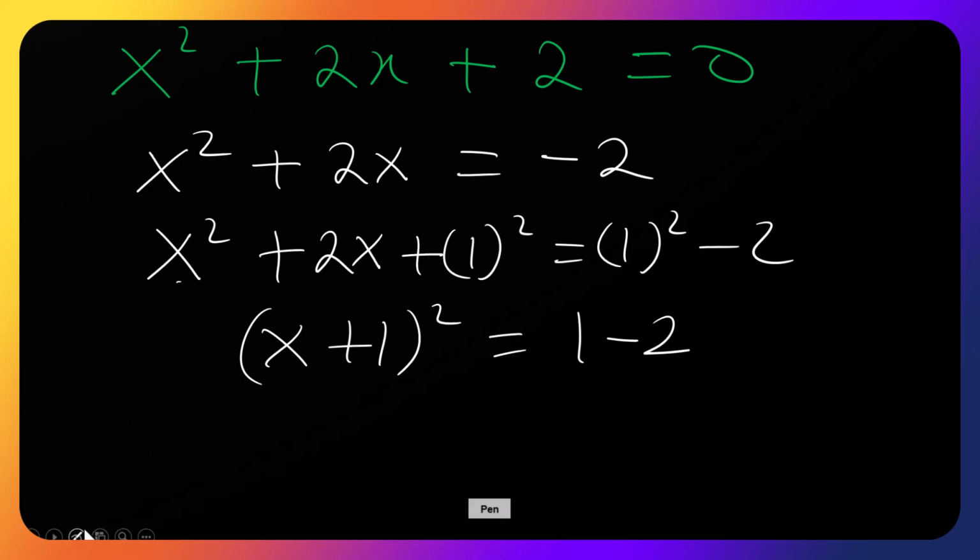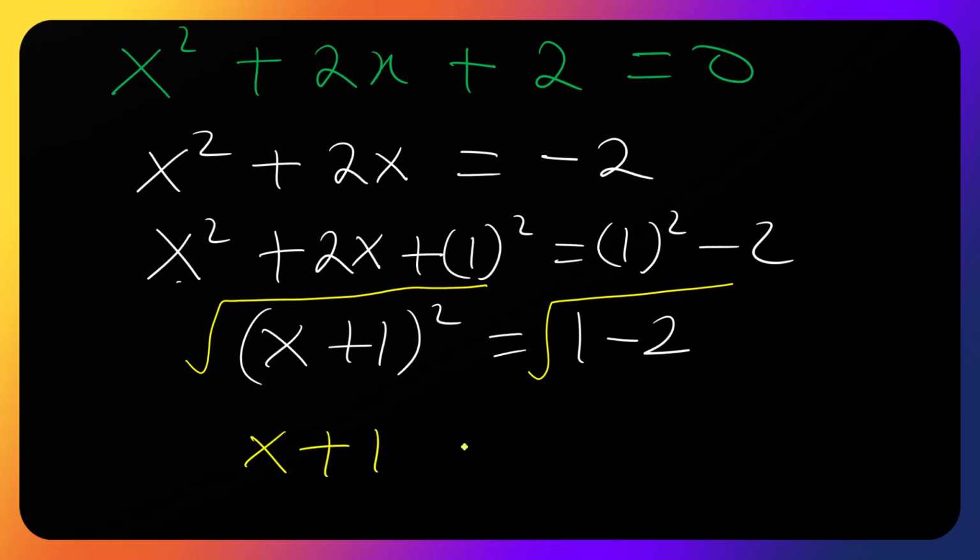Now from here, the next thing is to take square root on both sides. Okay, so that will be x plus 1 equals plus or minus square root of minus 1 here. Now remember square root of negative 1 is i.